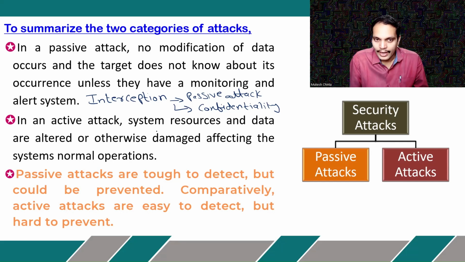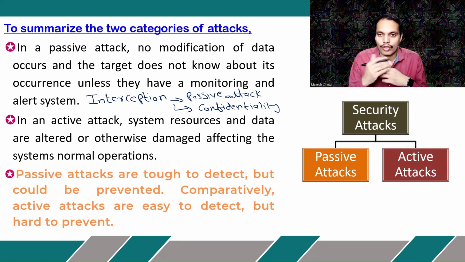So in an active attack, the system resources and data are altered or otherwise damaged, affecting the system's normal operations. This is the main difference between an active and passive attack. In a passive attack, no modification of data, nothing is changed, no alterations done. It is very difficult; the user doesn't even know that an attacker is present.